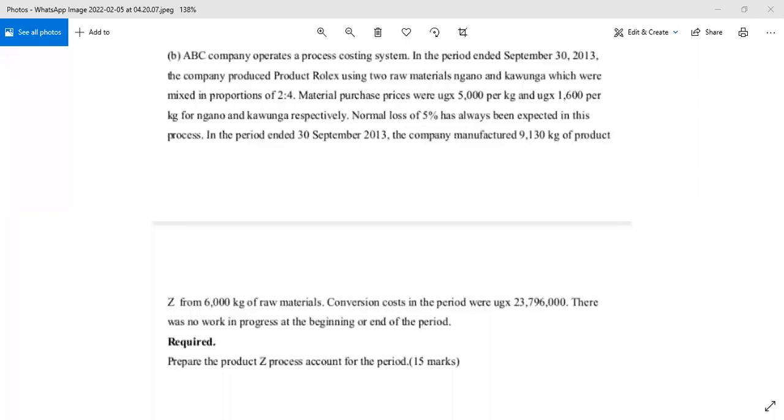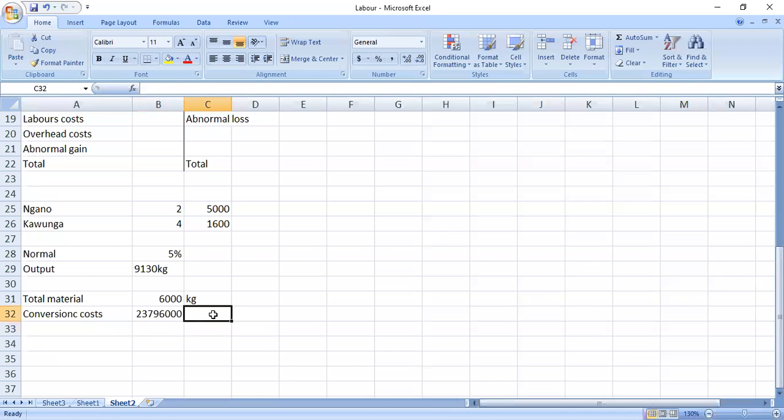Now, I've tried to summarize it, and allow me to share what I've summarized so that we can see how it looks based on our question. Kindly confirm that you can see my worksheet. It shows Ngano, the proportions here, and these are the cost per unit.